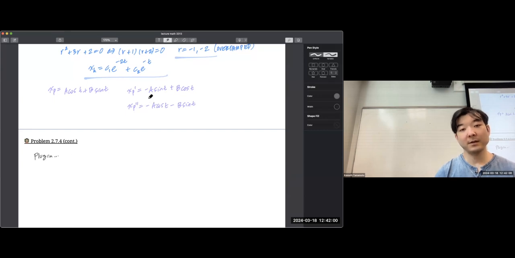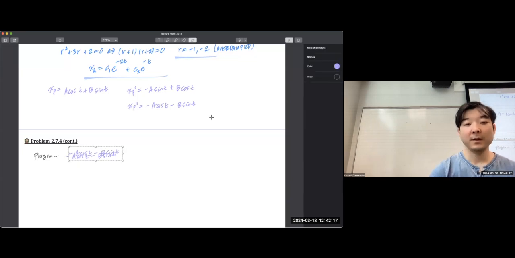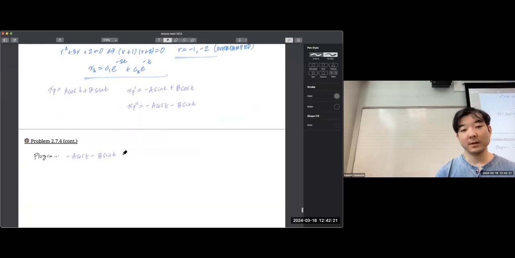So I'll just say this guy. What is it? 3x prime. So I'll just do plus 3 times the x prime, which is going to be this one.